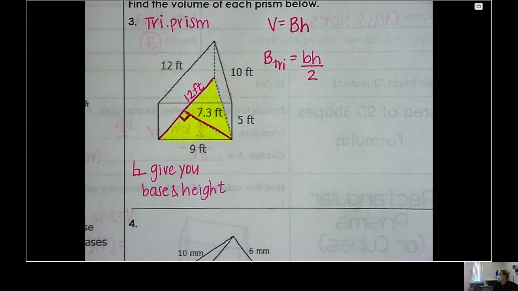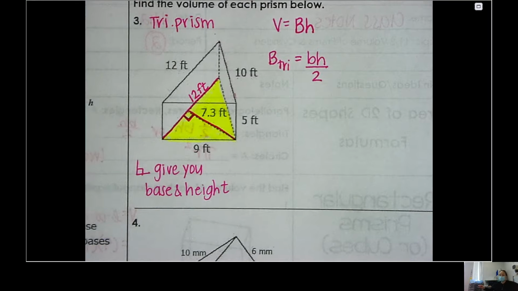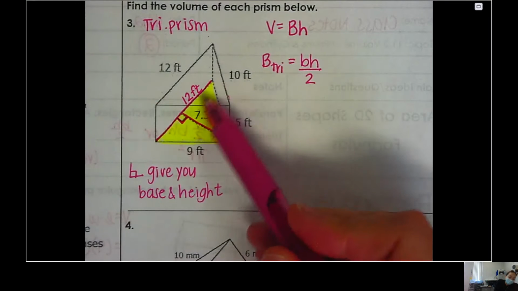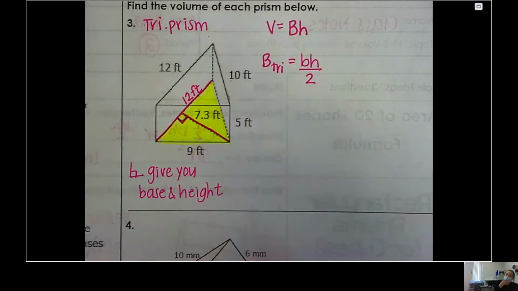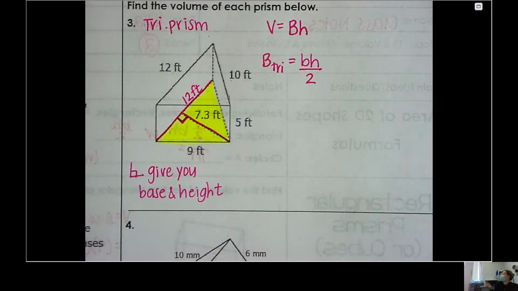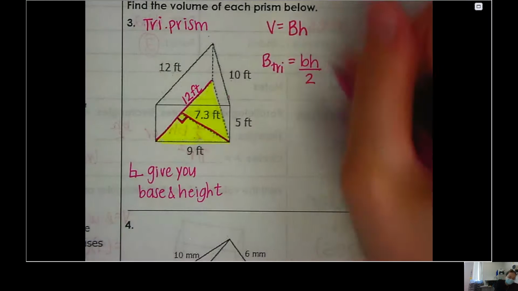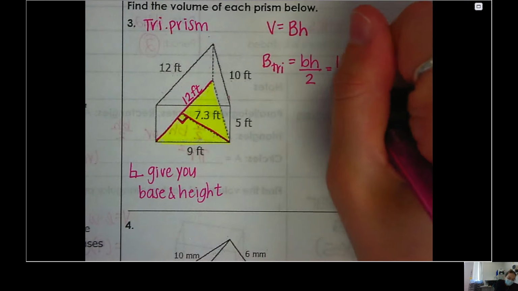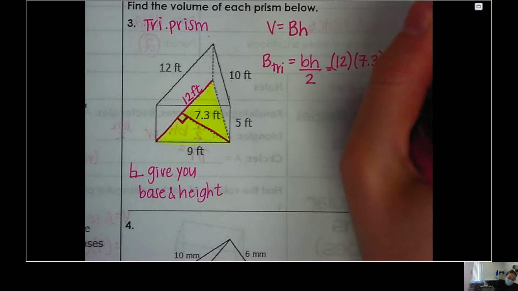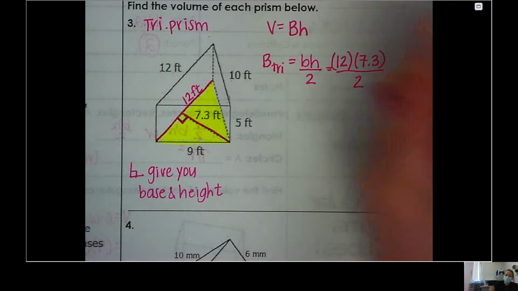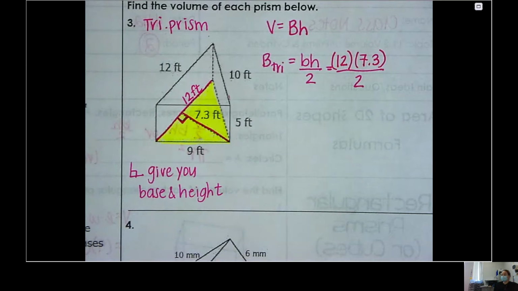Okay, so we're finding the area of that triangle. So we're going to take the base times the height, and then we're going to divide it by 2. So my base is 12. My height is 7.3. We're going to multiply those two and then divide by 2. So 12 times 7.3, and then we'll divide that by 2.